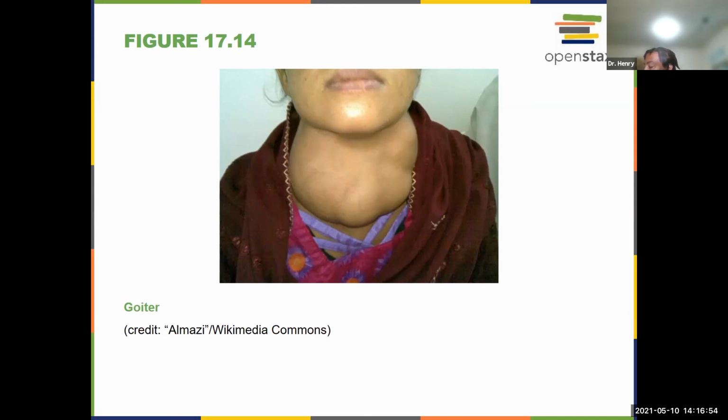If we end up with too much iodine, and we're constantly getting too much of it, it's going to cause our thyroid to go into hyper mode. So then we're going to have hyperthyroidism.